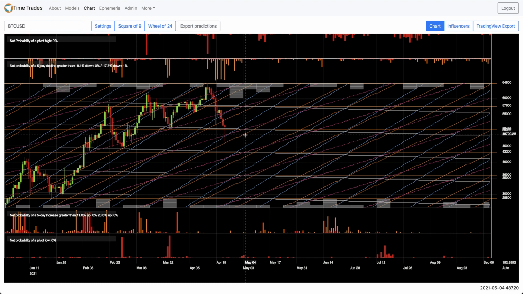But then something that I discovered this week that I didn't mention on last week's video is we've got this interesting Wheel of 24 conjunction here on May 3rd between Mars and the North Node, okay? This isn't necessarily an astronomical conjunction because we're using the Wheel of 24.